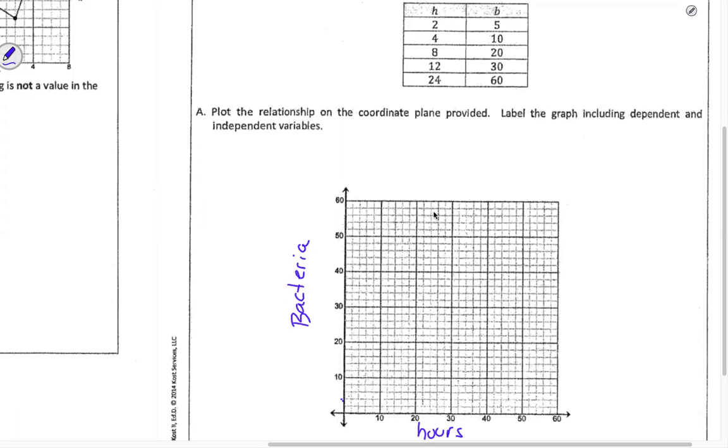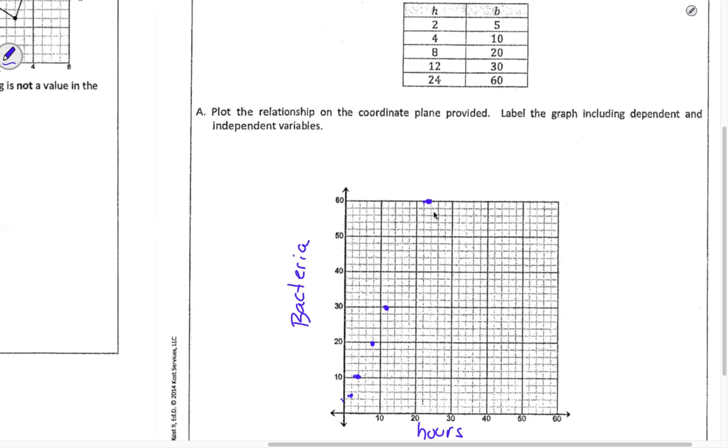That's going to be halfway between two blocks, so right about there. 4 and 10, right about there. 8 and 20. 8 and 20. 12 and 30. 24 and 60. All right. Do we see that?